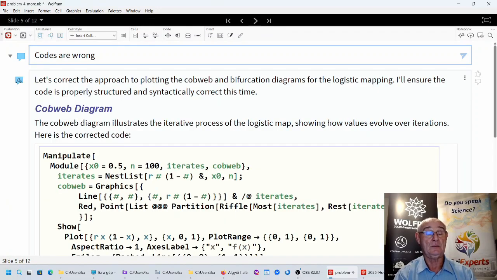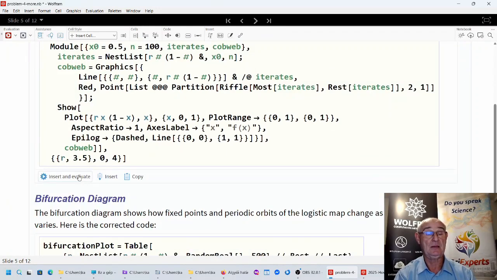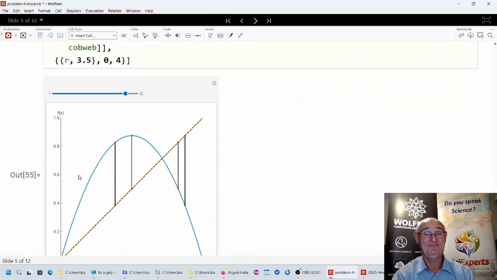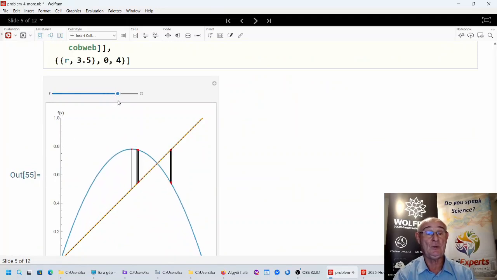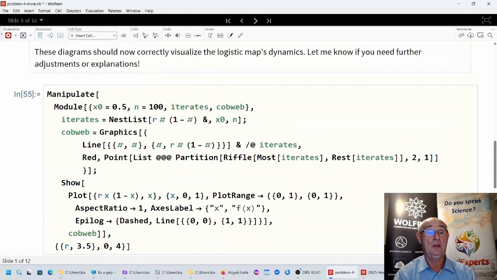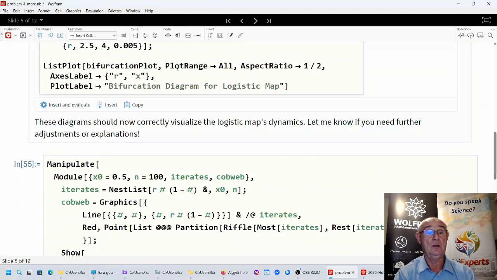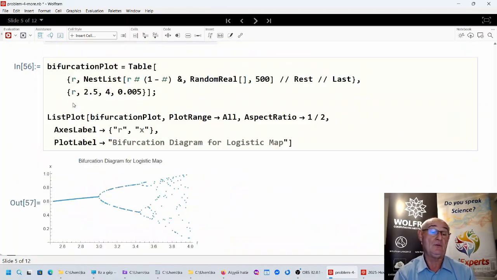What does it say? The cobweb diagram doesn't show any error message, but this is not the one I would like, because that's not a joint figure. Look at the bifurcation diagram. It looks good. The resolution is not the best, but it doesn't matter now.